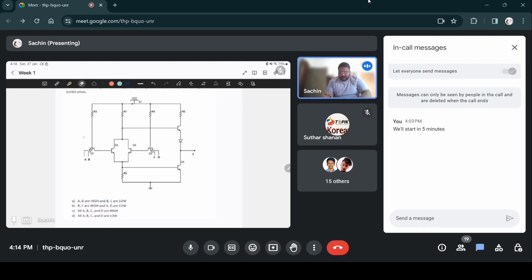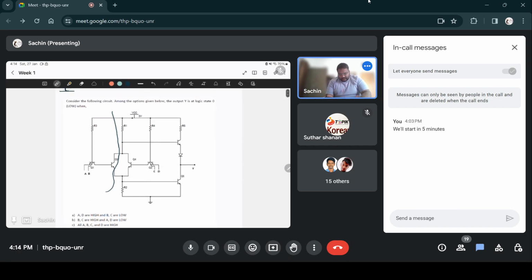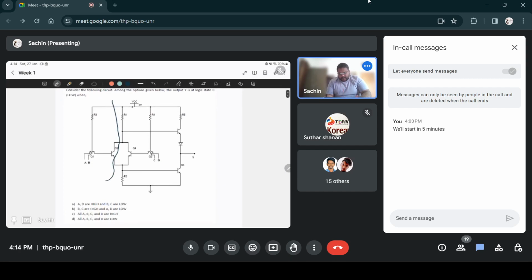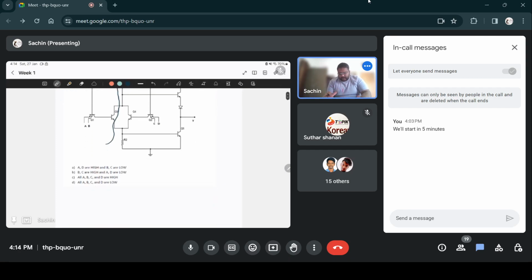Let's say if you remove this part and only consider the rest of the circuit to the right of that line that I have drawn, then it is similar to the circuit taught in the lecture video, which was the circuit for some logic gate.